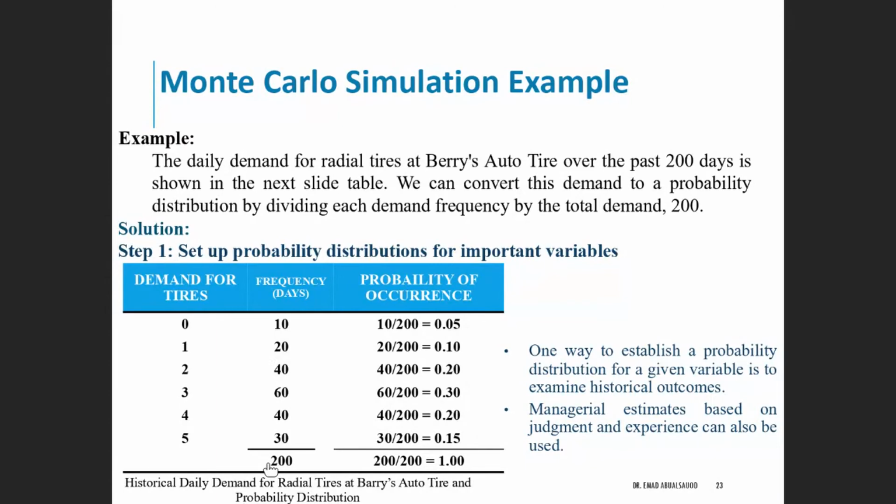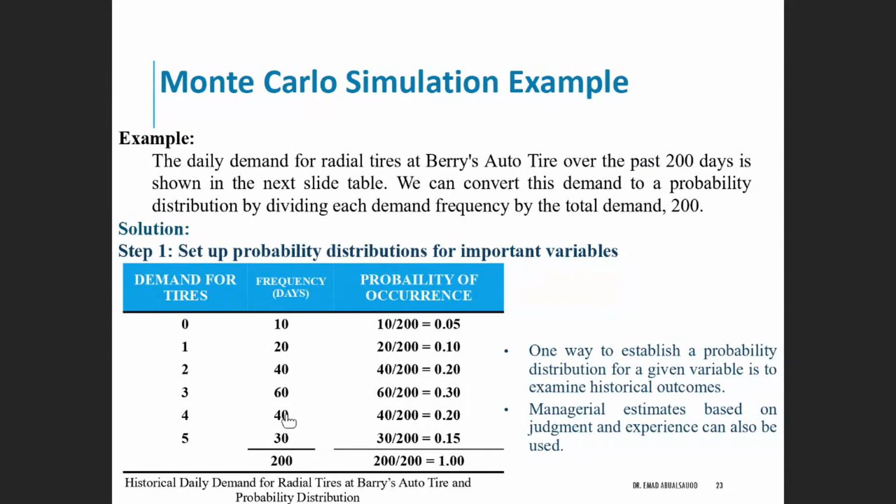the probability of the demand being 4 tires. I want to find the probability of 4 tires demand. How do we calculate it? I have the data given. How can I calculate it? The frequency of appearance of 4 tires, meaning the demand is 4 tires, like a full set for a car for example, was 40 times over how many? 200 days that I collected my data.